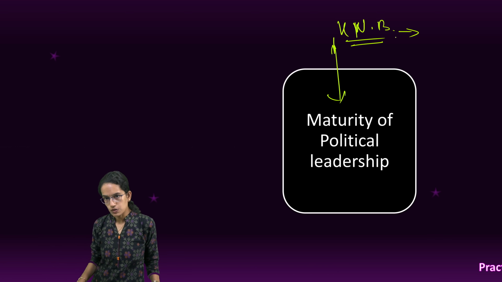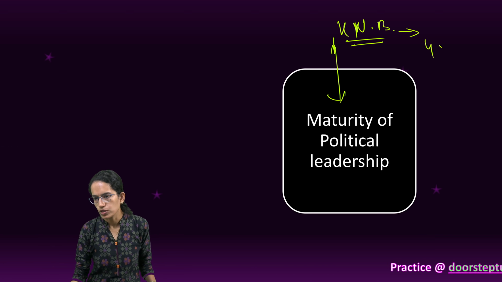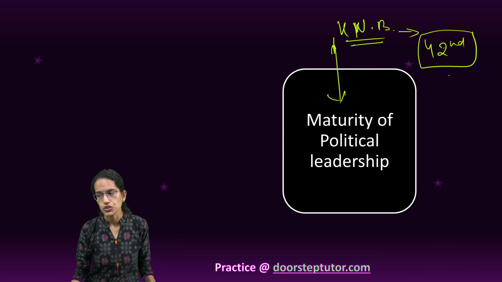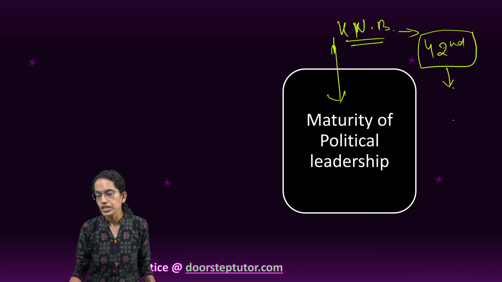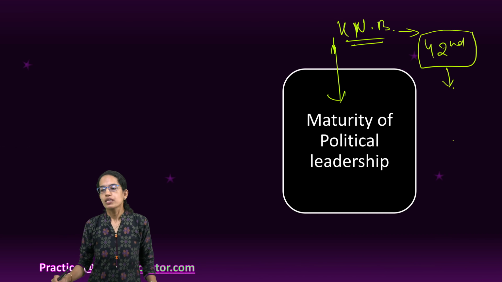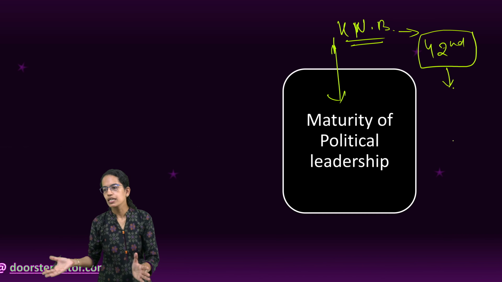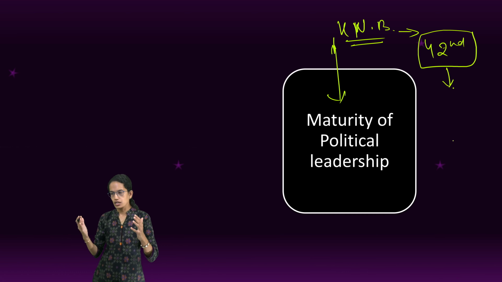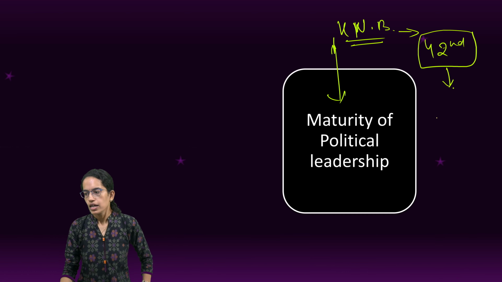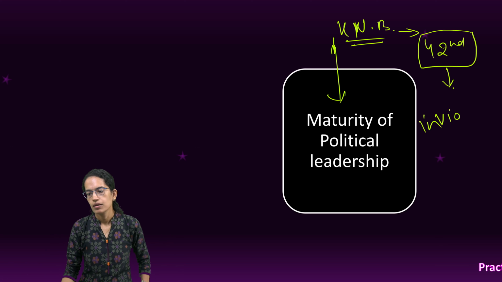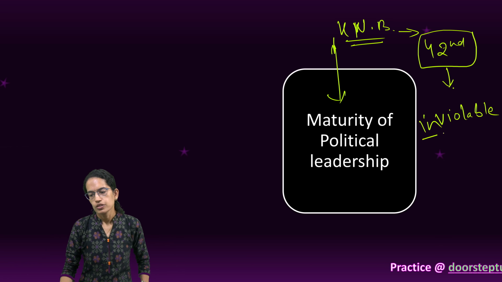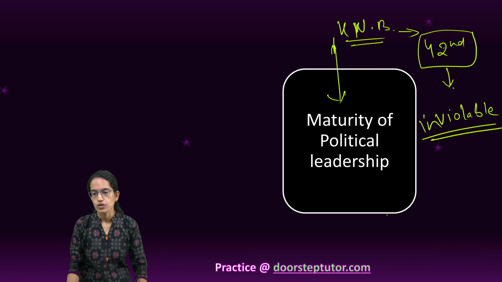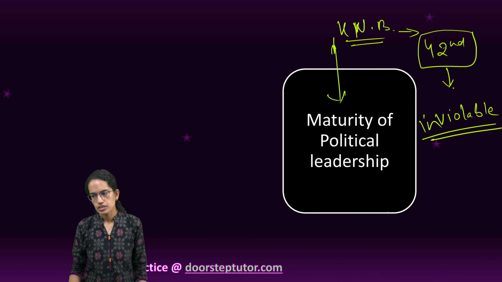However, when these failed, the 42nd amendment was made, and this was one of the major amendments, as I previously mentioned, in the history of the parliament, which asserted that there has to be a basic structure, and parliament accepted the idea of an inviolable basic structure. So the idea of an inviolable basic structure was adopted under this ruling.